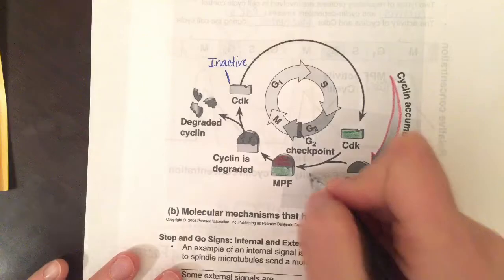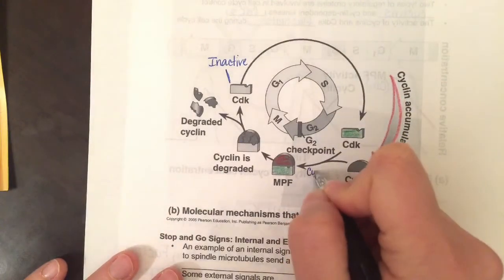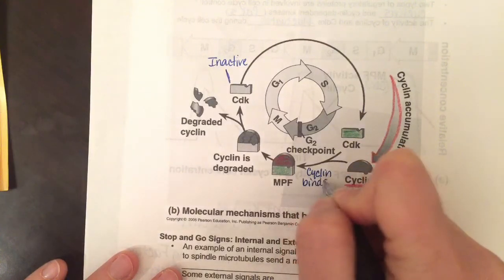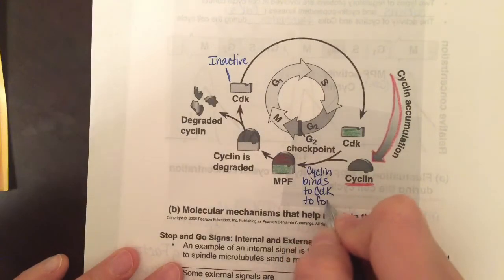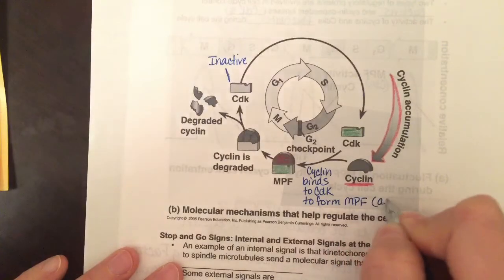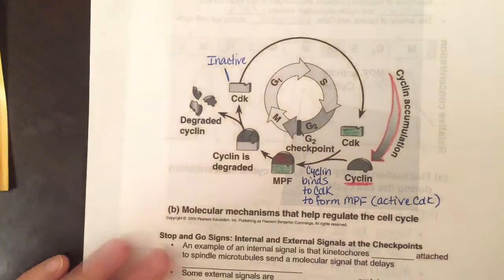So we can write here, at the arrow, what happened here. So cyclin binds to CDK to form MPF, which is an active CDK. So now it's active.